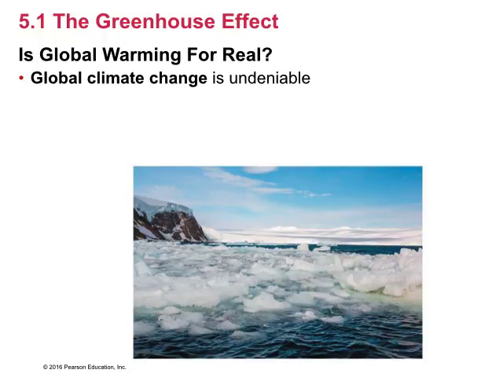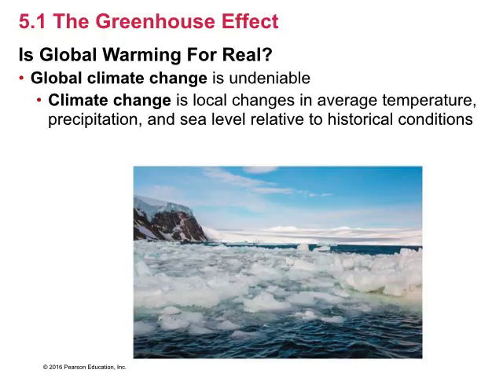So first things first, global climate change is undeniable. So this climate change is just local changes in average temperature, precipitation, and sea level relative to historical conditions, so to what those conditions were in the past. And this is undeniable. The climate is changing, all right? Everyone can agree on this.